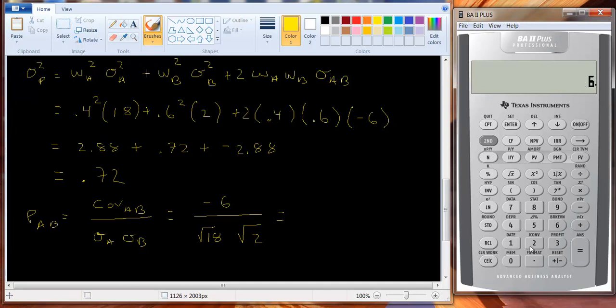I get 6. So I get -6 over 6. The 6's cancel. We get -1. So we've actually worked out sort of a whole expected portfolio return, expected variance. We've computed covariance and correlation. So you've sort of seen it all done here in one example.